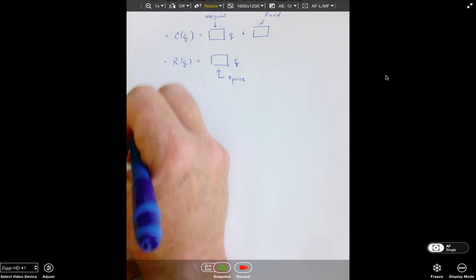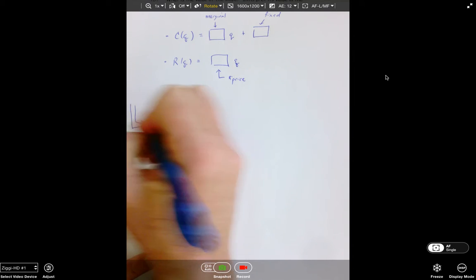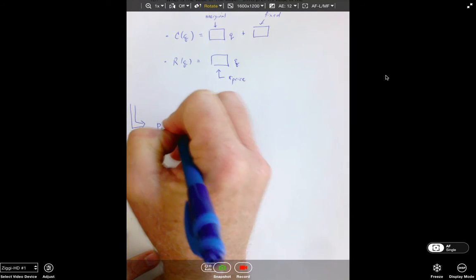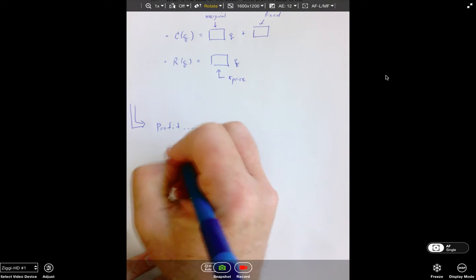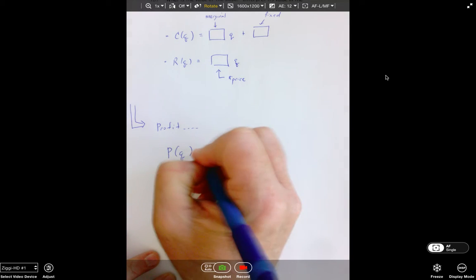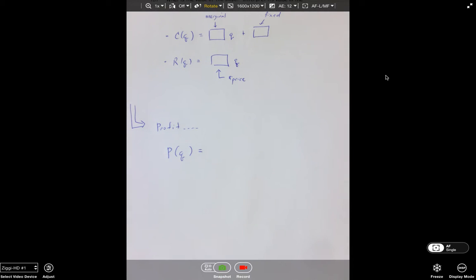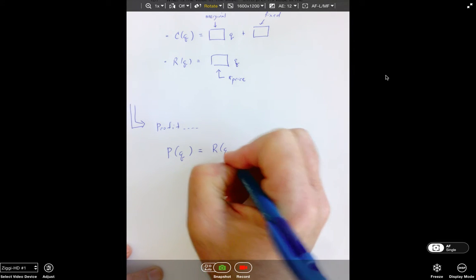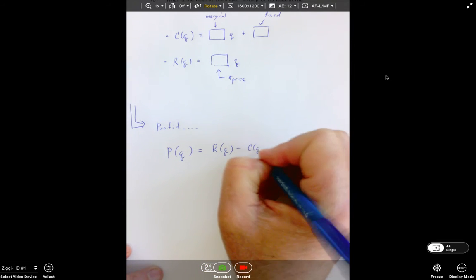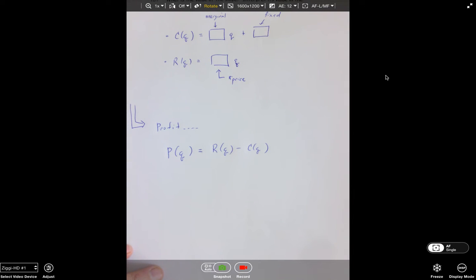Guys, we can combine these two things and get a profit function, which should be clear that we would call it P of Q, called revenue function R of Q, cost function C of Q. We call our profit function P of Q, and our profit function is just the revenue minus the cost.